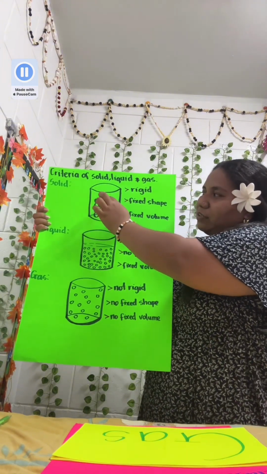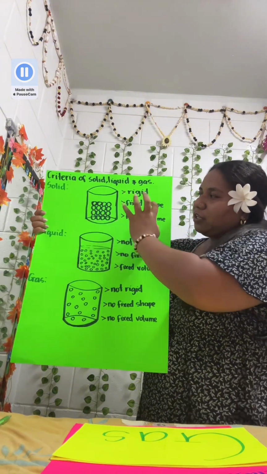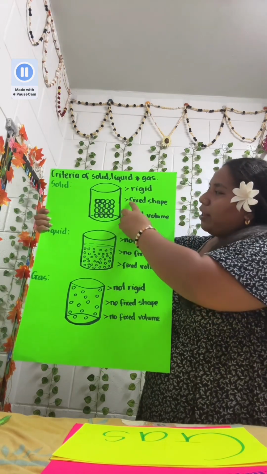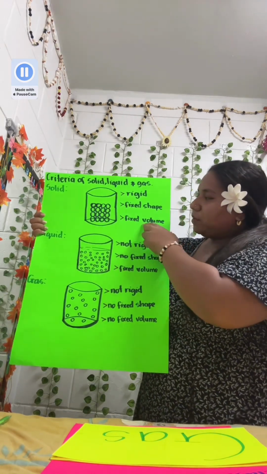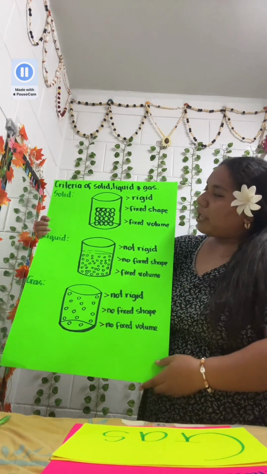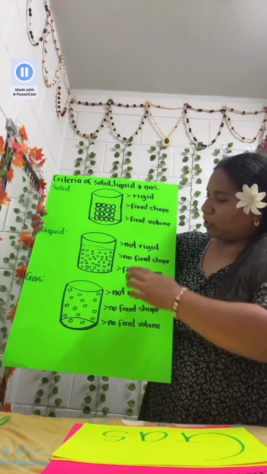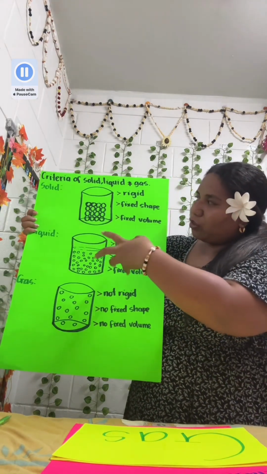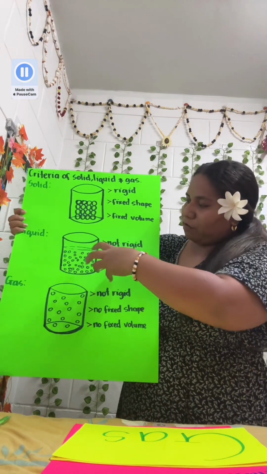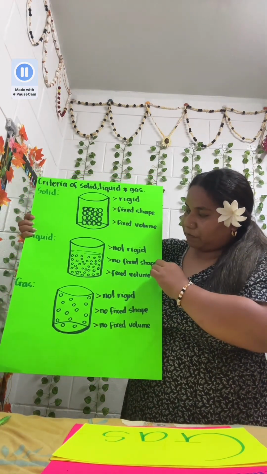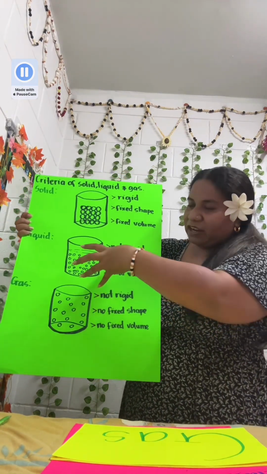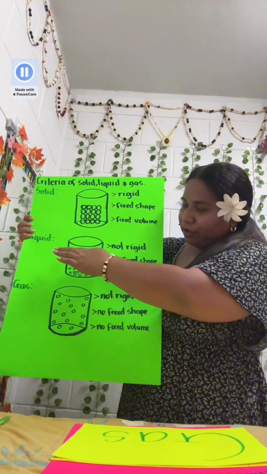It is very rigid, with a fixed shape and a fixed volume. For the second one, liquid: not rigid. They are not in a rigid form. No fixed shape, but they have a fixed volume.